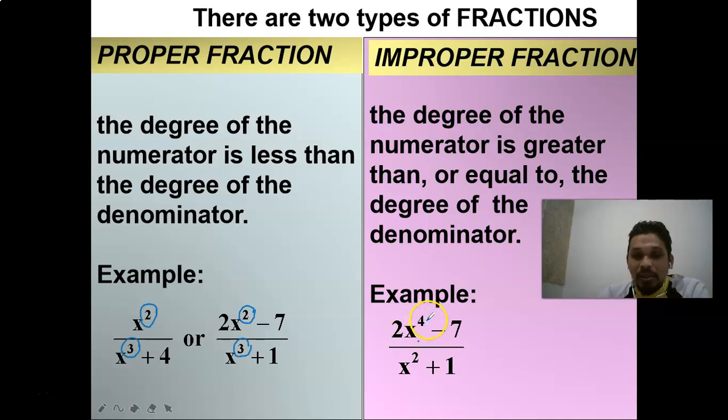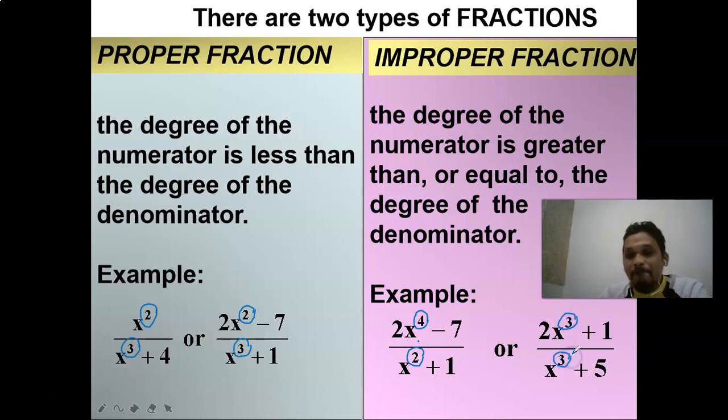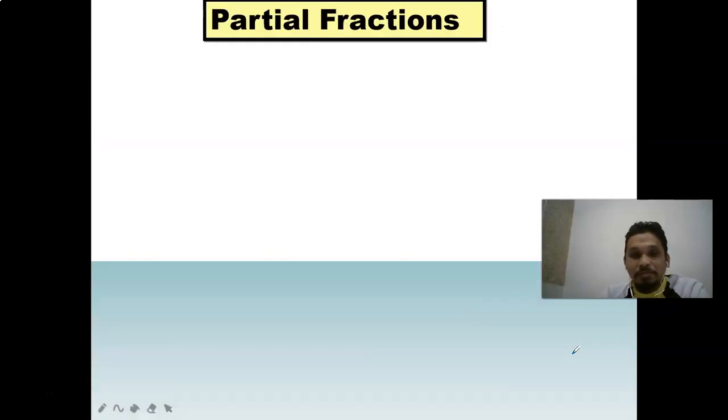So the degree of the numerator, x to the power of 4, is greater than the denominator, x squared, or at least equal.